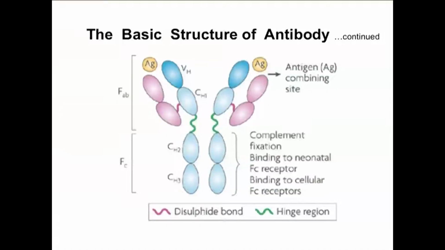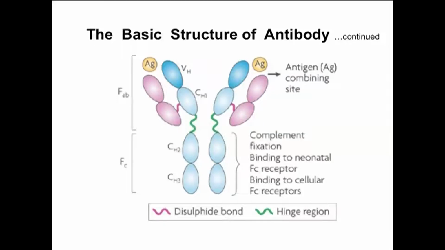If we go into the detailed structure of the antibody, we see that the heavy chain can be further divided into 4 distinct domains called the variable domain and the 3 constant domains named CH1, CH2 and CH3, as shown in blue in this figure.